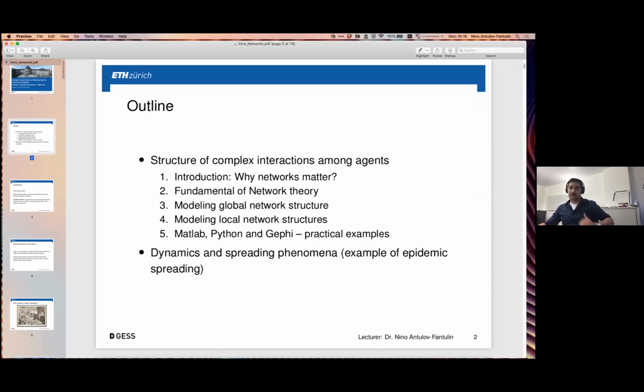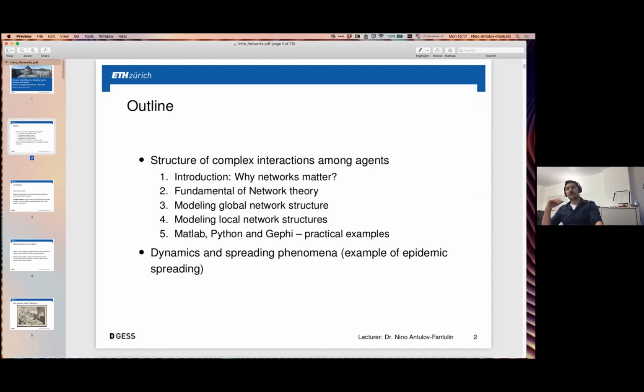The outline of the lecture is the following. In the introduction, I will say why networks matter, why they matter for modeling agent-based systems. And then I will try to give you the fundamentals of network theory. I will briefly touch upon modeling global network structure and local network structure.